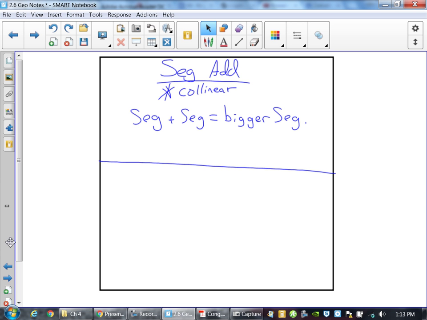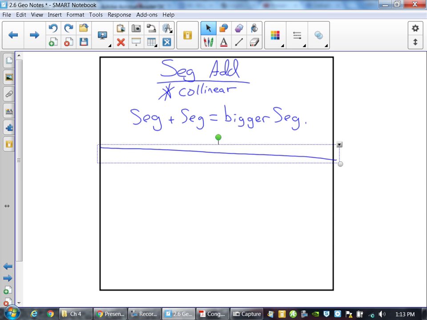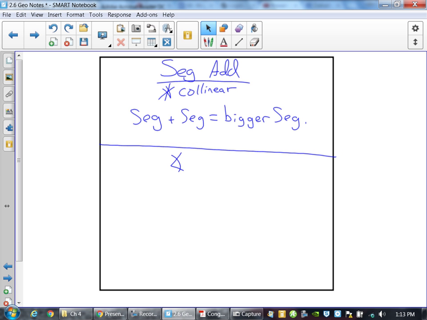That's all that means. And then when you deal with angle addition, there was one rule about angle addition. In order to add 2 angles together, they had to have something in common. They have to have the same vertex, very good.